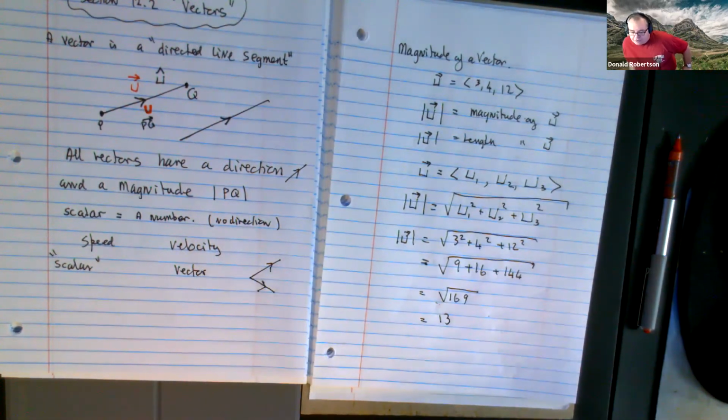Because the magnitude is a real physical number, won't the magnitude always be a positive number? You wouldn't expect negative magnitudes, right? Magnitude is a scalar, agreed? It's a number, in this case a positive scalar.